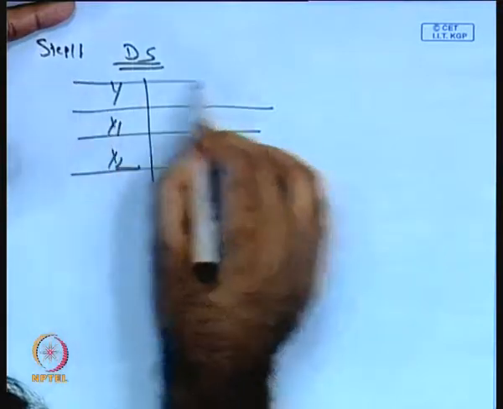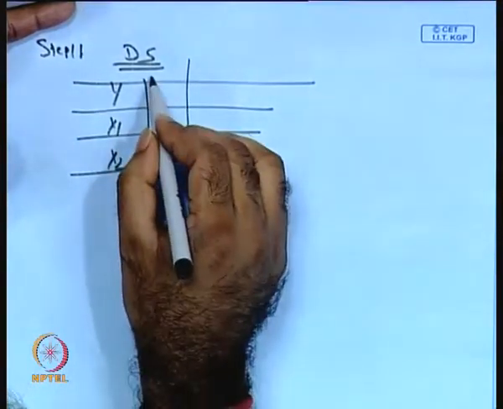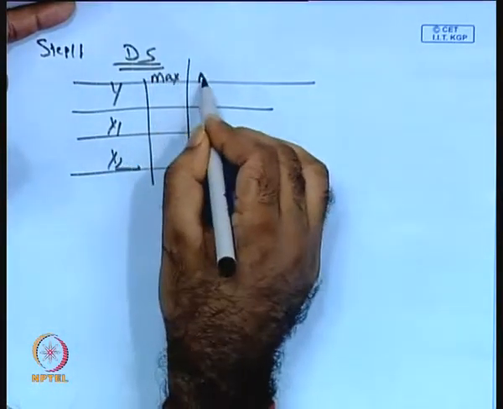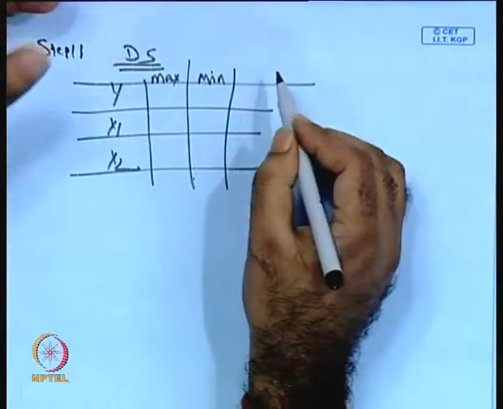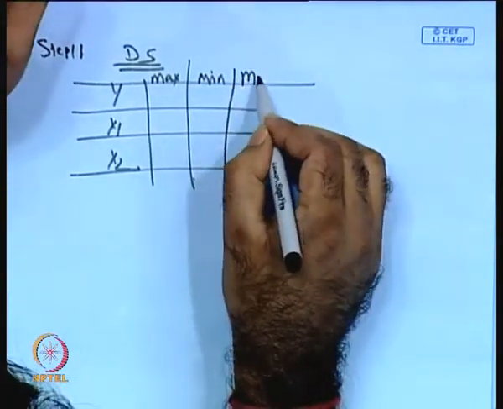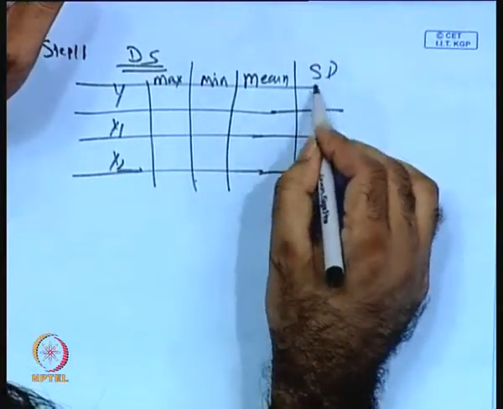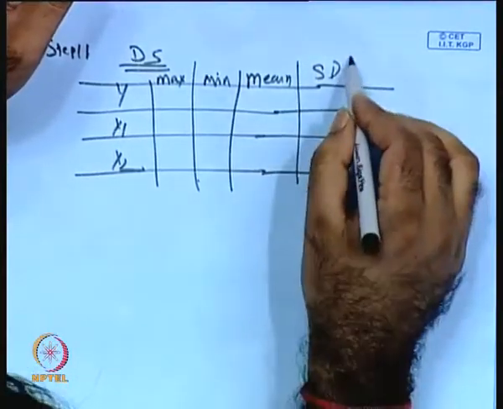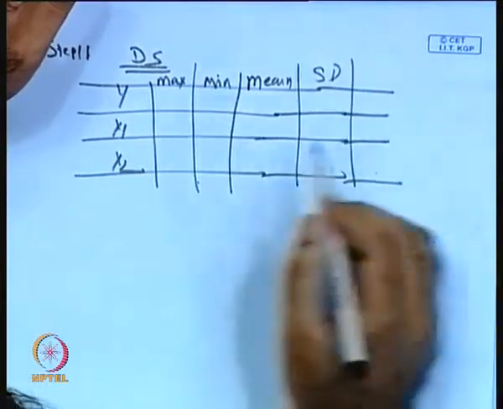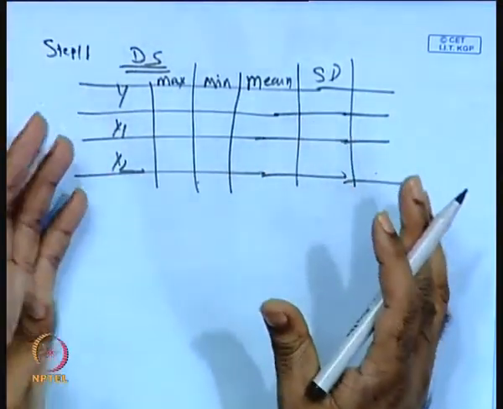We need to know the maximum value, minimum value, mean, and standard deviation, and skewness and kurtosis are also required. In the meantime we are summarizing with respect to maximum, minimum, mean and standard deviation, because these are all essential to check the reliability of the estimated model.